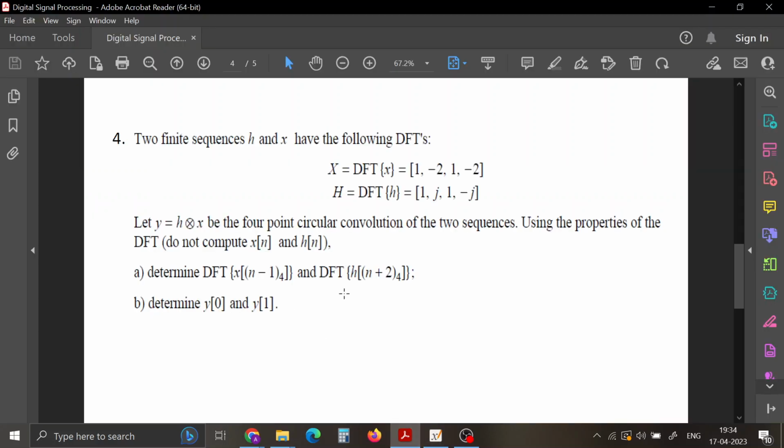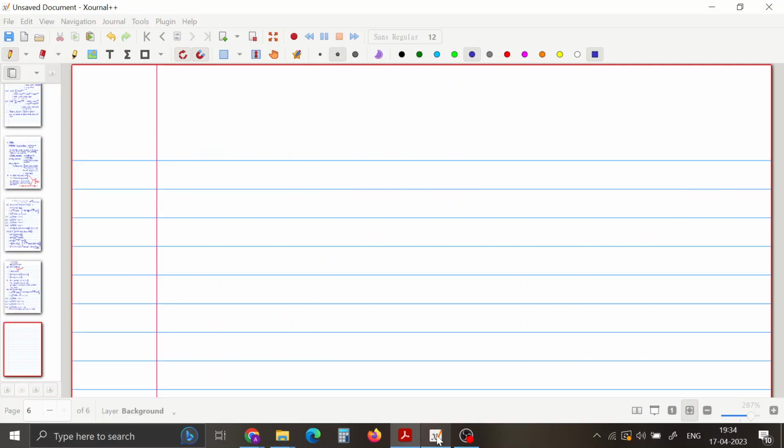Now again we have to do similarly for the DFT of h of n plus 2 mod 4. Again the same process will apply here.